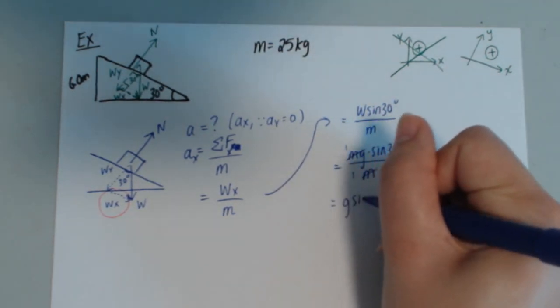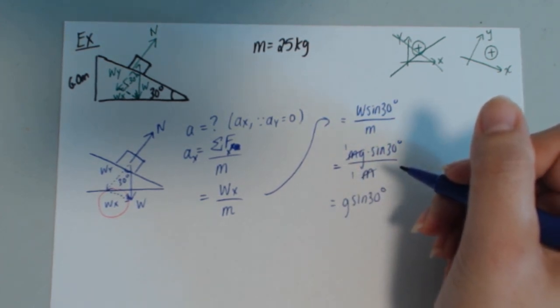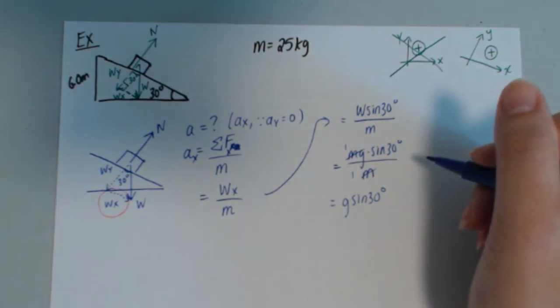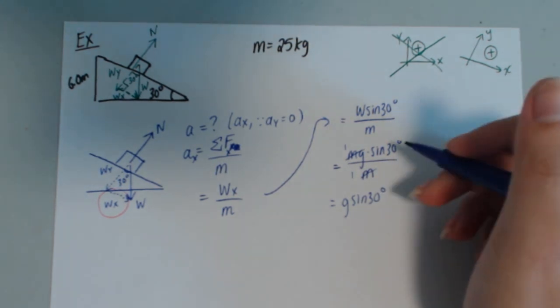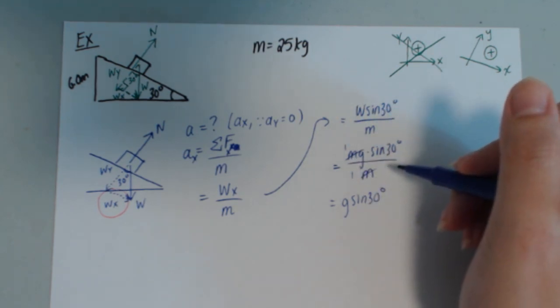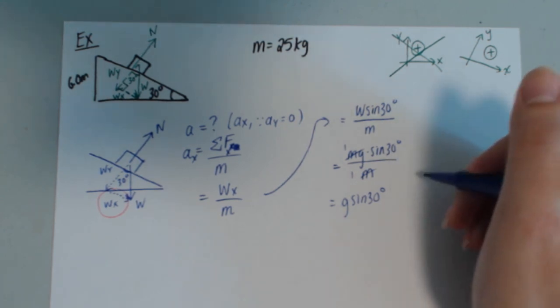So g sine 30 degrees. And this is actually an important outcome of this problem I want to really emphasize: when solving physics problems, try not to plug in numbers until the end, because a lot of times you're going to have things canceling out. And a lot of questions will not even have numbers to deal with, so you have to get used to that.